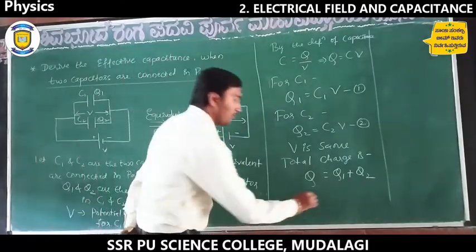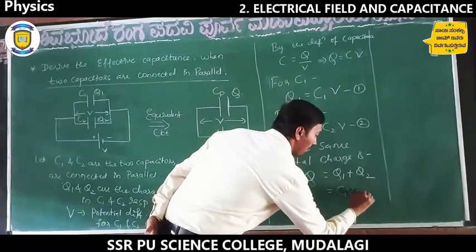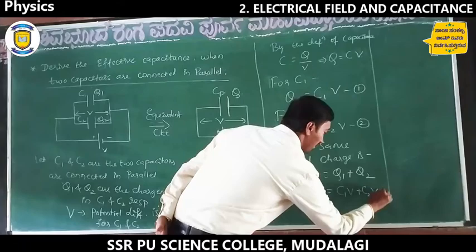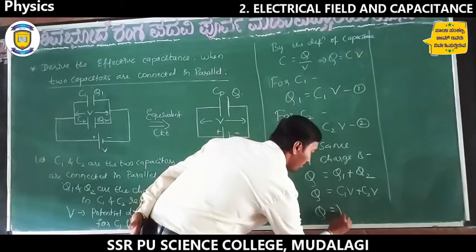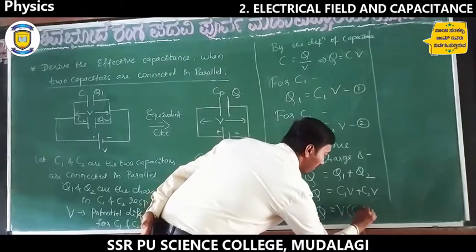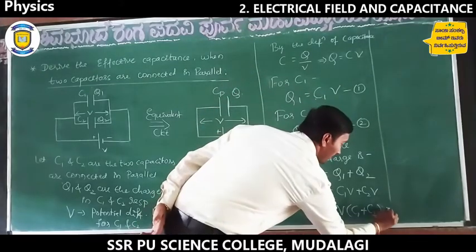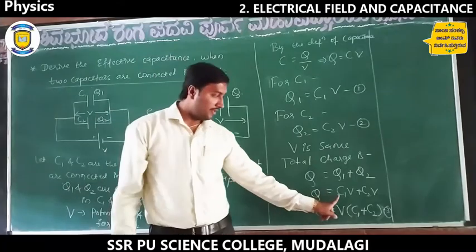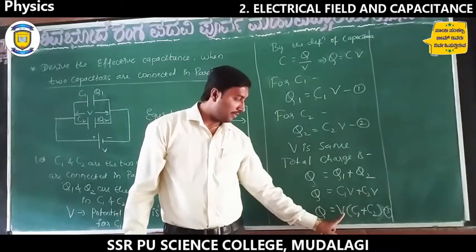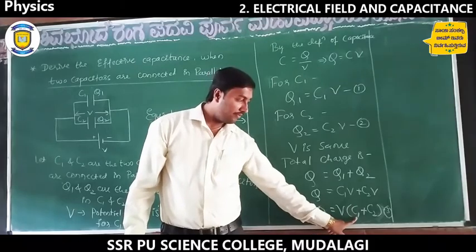So Q equals C1 V plus C2 V. The common term is V, so take it outside: V into C1 plus C2. This is equation number 3.